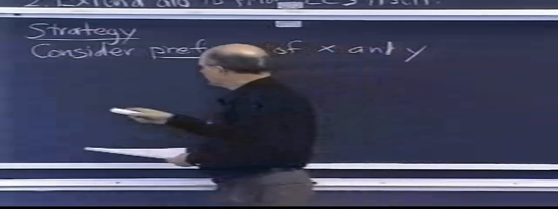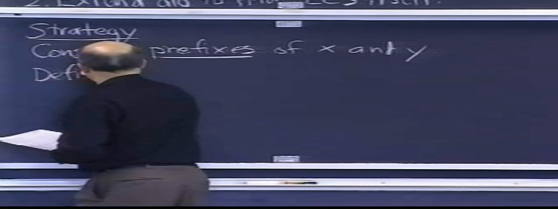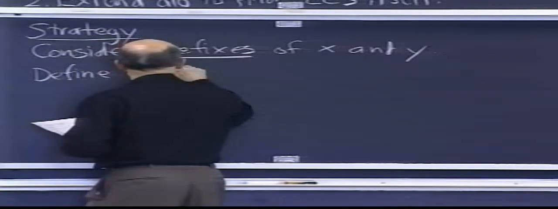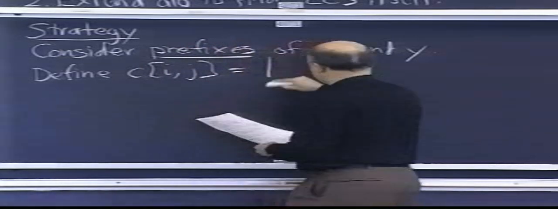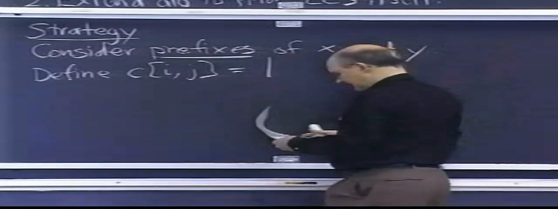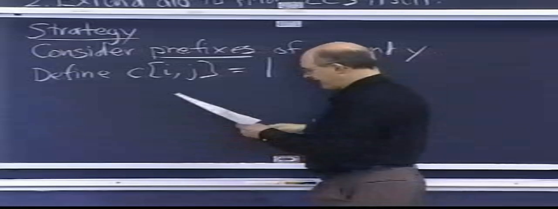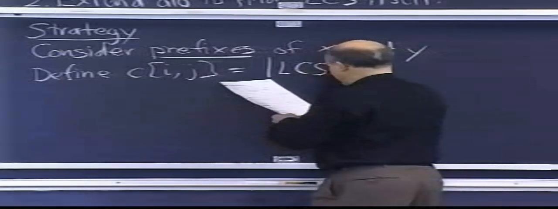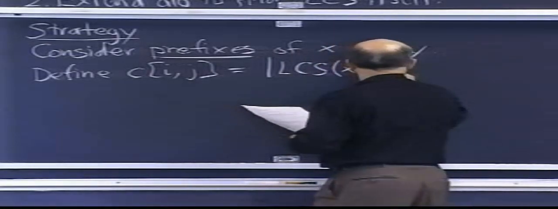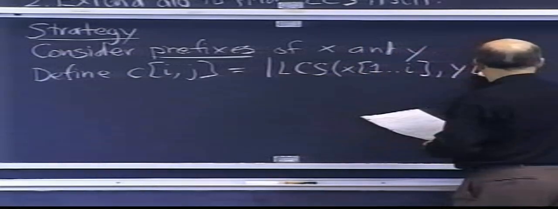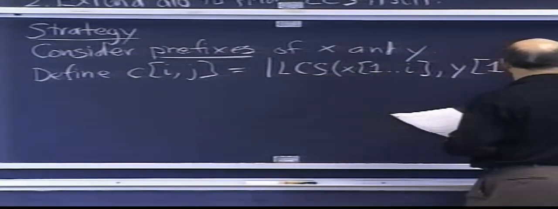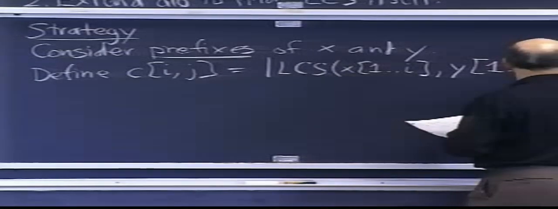In particular, let's define C of i j to be the length, which I denote with surrounding vertical bars like absolute value, of a longest common sequence of x, but only the part that goes up to i, and y, but only the first part which goes up to j. And I'm going to be worried about computing C of i j.